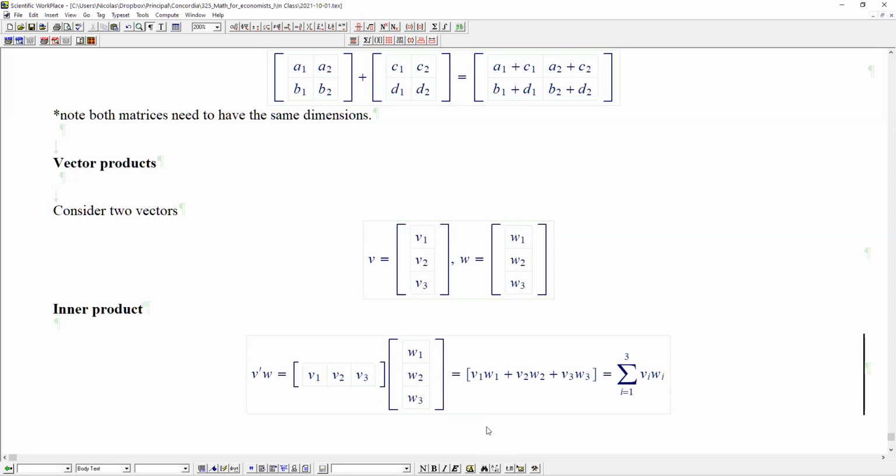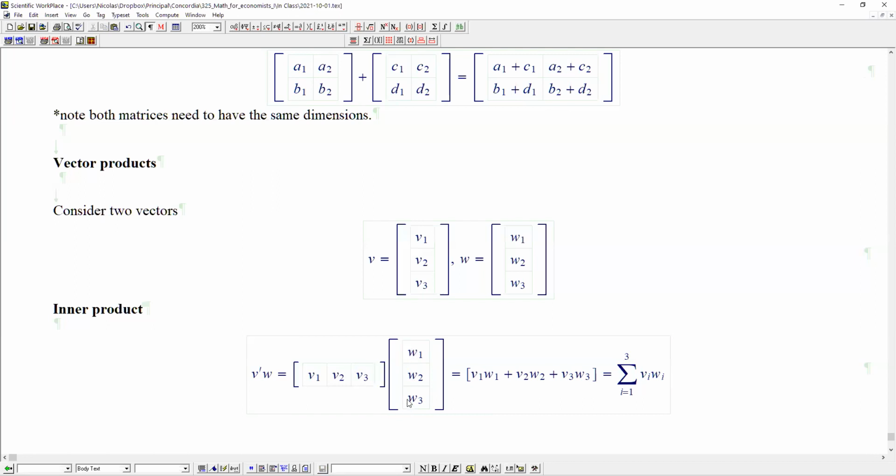So there's a question. Is there a V prime plus W? I think you meant multiplied. Plus, no, because I would have 3 by 1 plus 1 by 3.